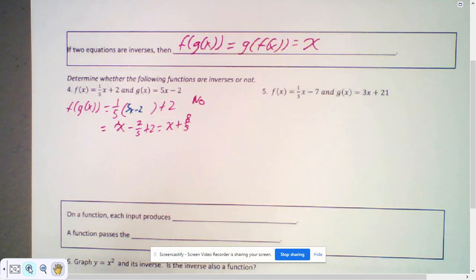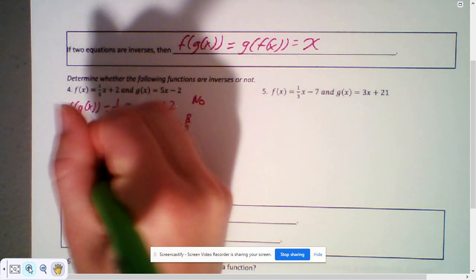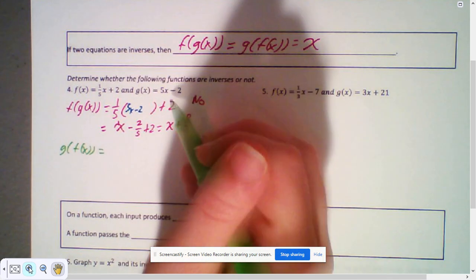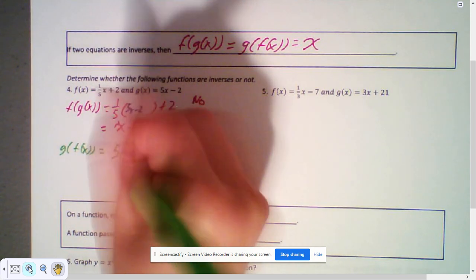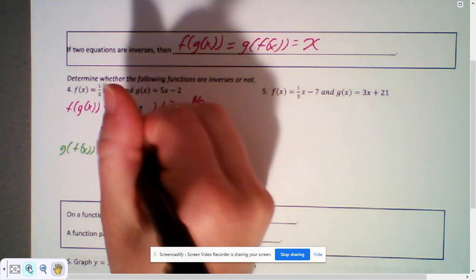But just for the sake of practice, let's try g of f of x and kind of see what happens. So I'm going to take my f function, plug in for g. So my g function is 5x minus 2. And then my f function is 1/5 x plus 2.